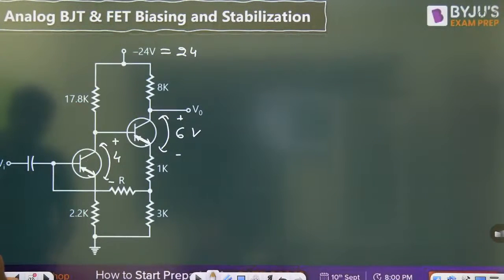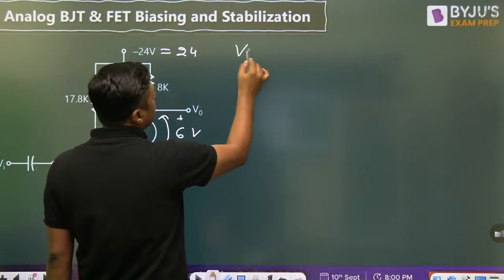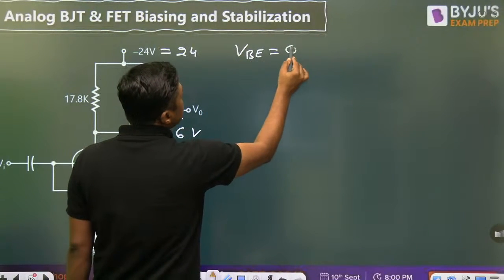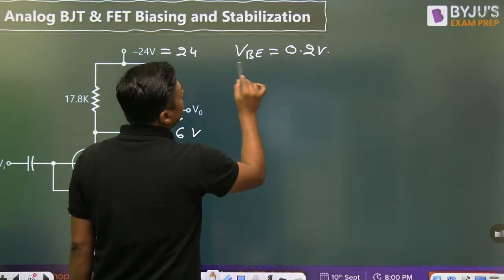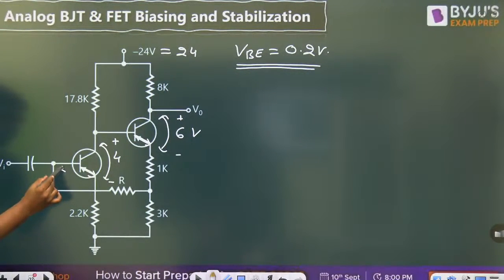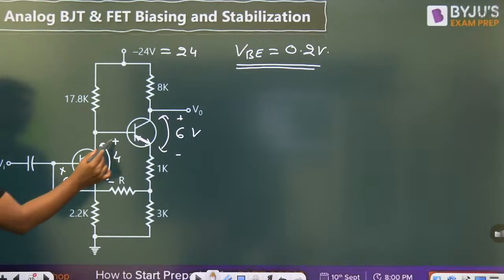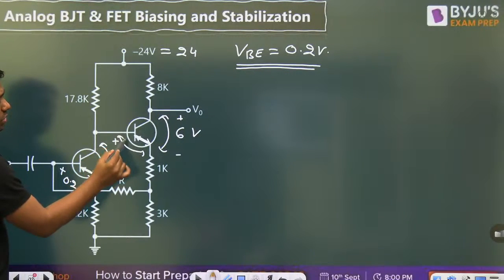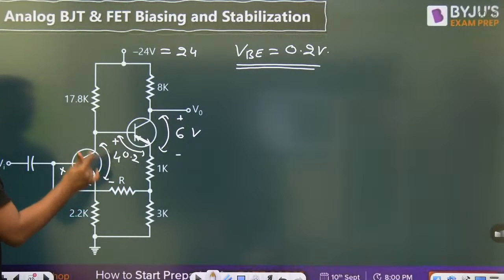And then next one, this voltage VBE. In this question, VBE is given as 0.2 volt, so use the 0.2 volt. That voltage also becomes 0.2 volt.